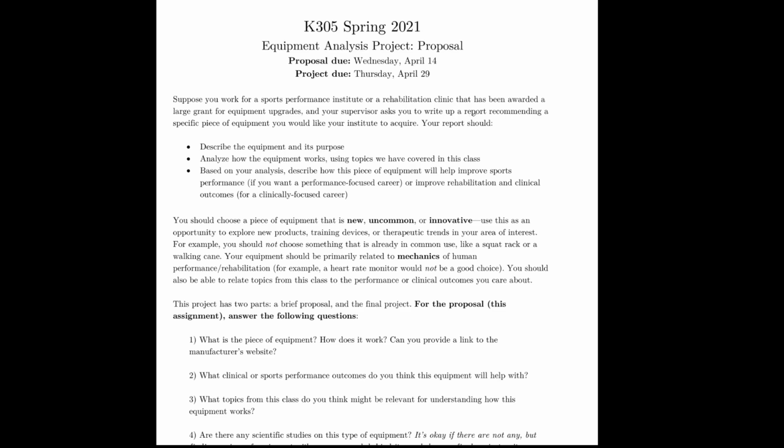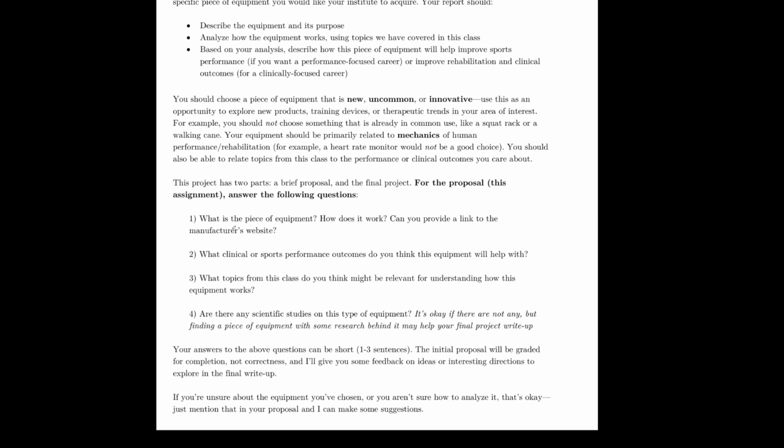So not just a squat rack or not just a medicine ball. Something that is new or uncommon or innovative, something that maybe you see in trade journals or discussed online, or something that just came out, something that you maybe saw one time at a sports performance center or something that you want to learn more about.